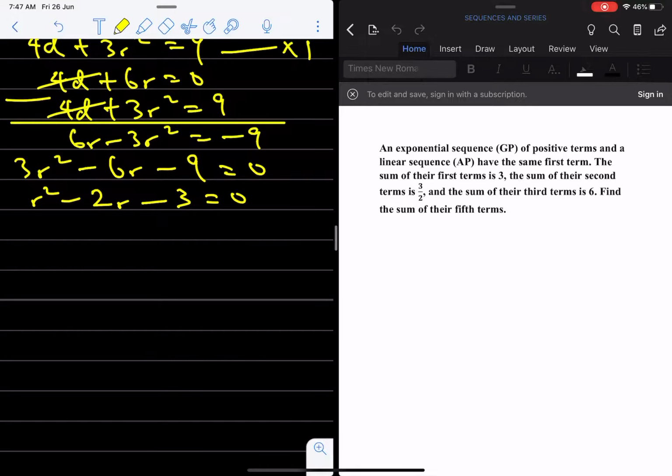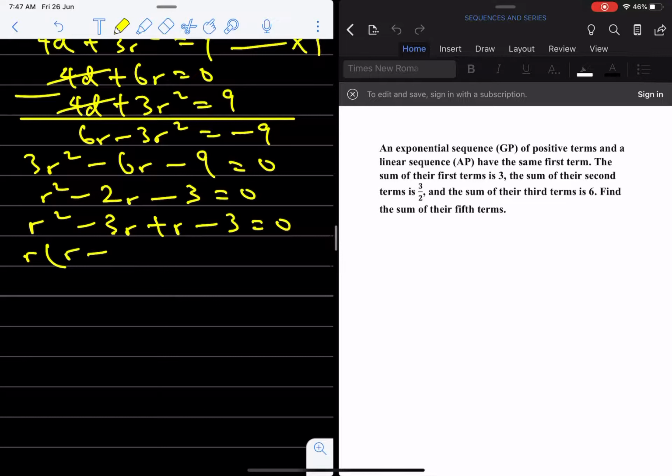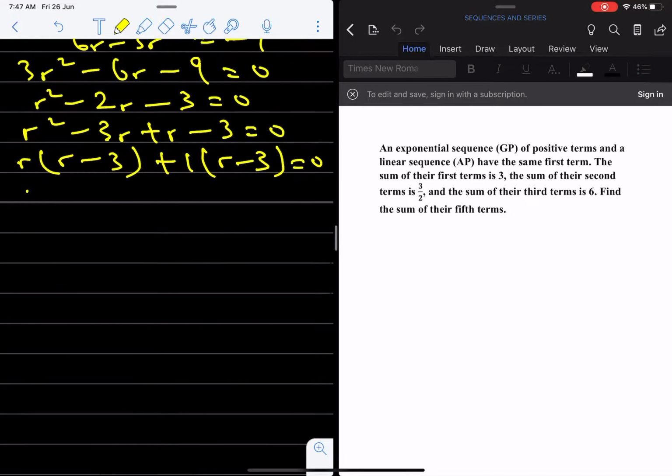How do we factorize this? R squared minus 3R plus R minus 3 equals 0. That means R into R minus 3 plus 1 into R minus 3 equals 0, which means R plus 1 times R minus 3 equals 0.